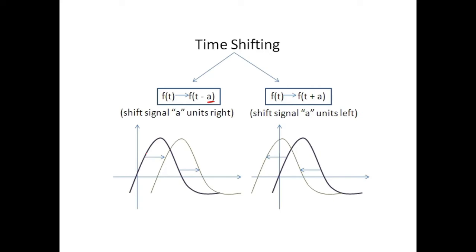So suppose we are shifting the signal by a value of a. Okay. So there is a signal component over here. If we move it to the right hand side, then it is called delaying.